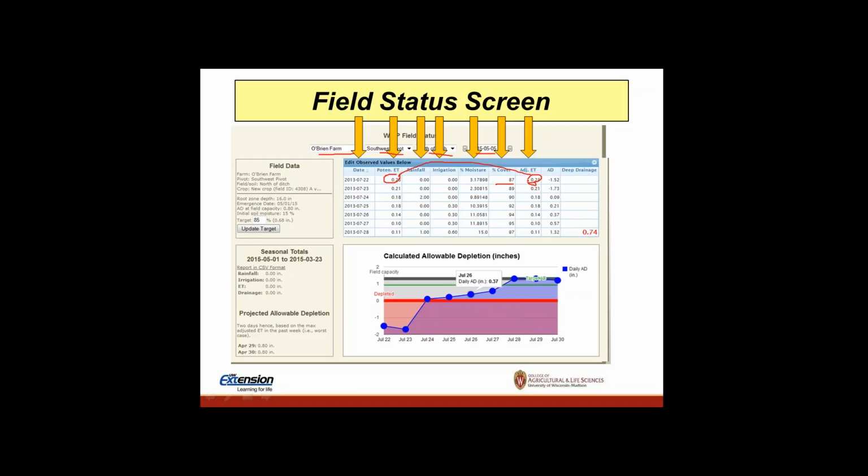If it was less than that, it would adjust. And then this is the allowable depletion. So you can see in this spot we are low. And then if we got any deep drainage, so here's an example where we had leaching past the root zone, that's going to show up as a red number here based on events.